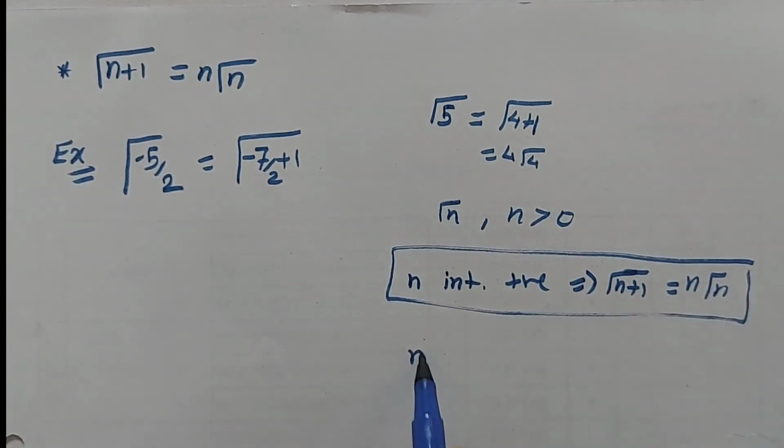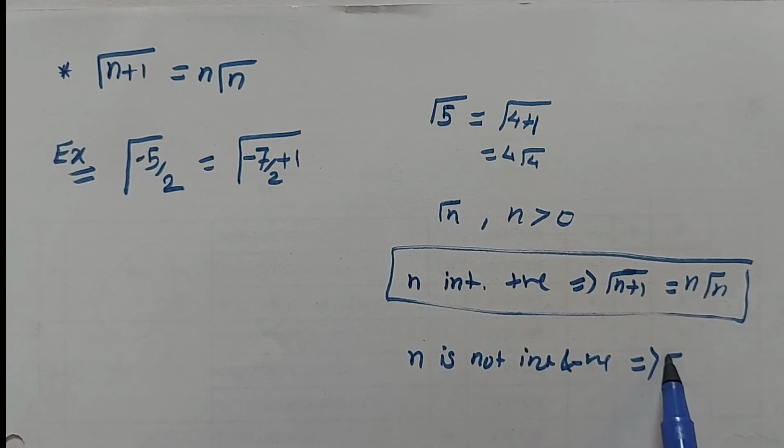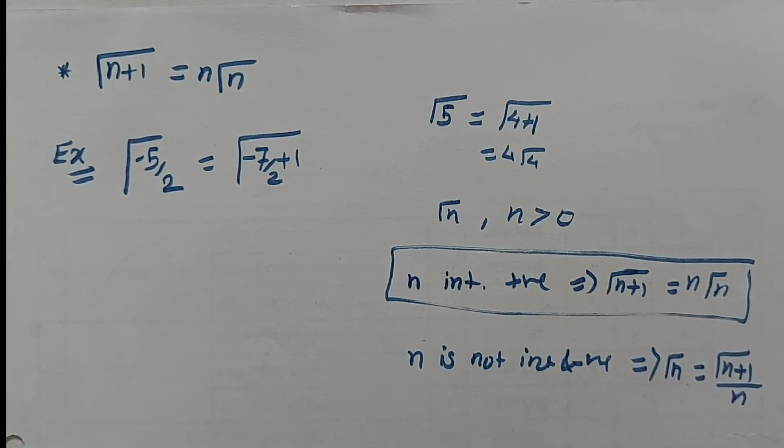But if n is not an integer and it is negative, then we use the same property in this format: gamma n is equal to gamma of n plus 1 divided by n. What will happen? Here n is negative, and we are adding 1, that means negative plus 1.